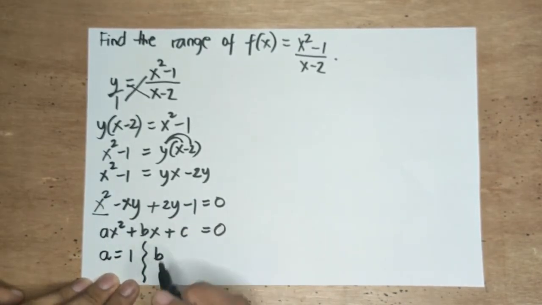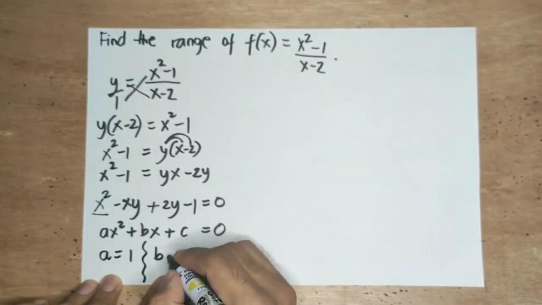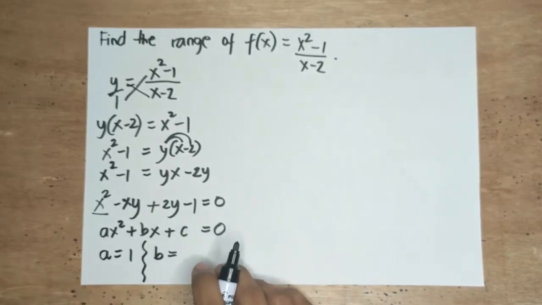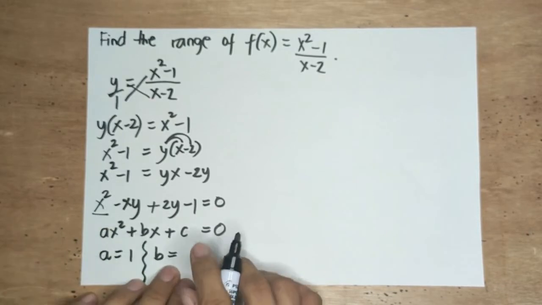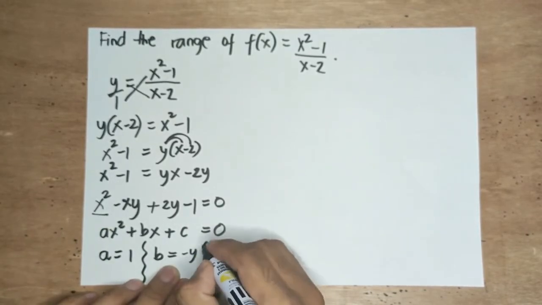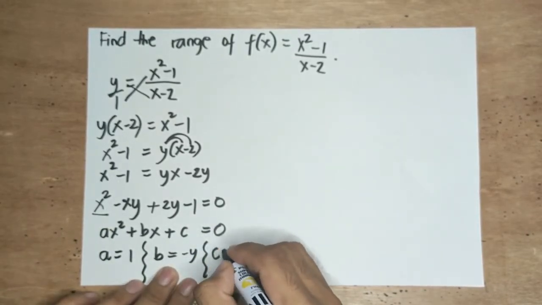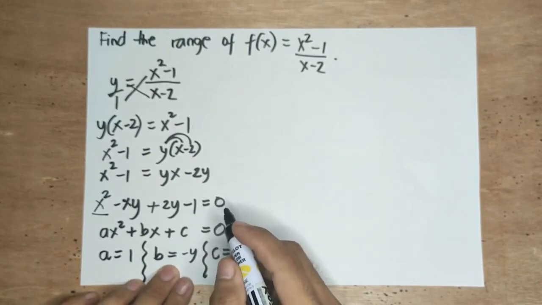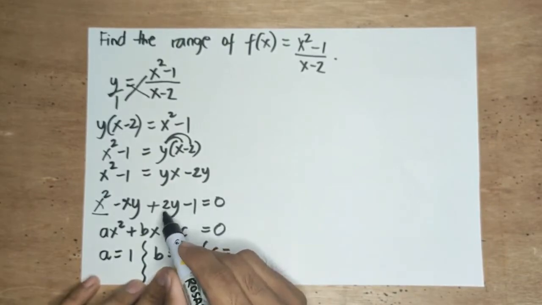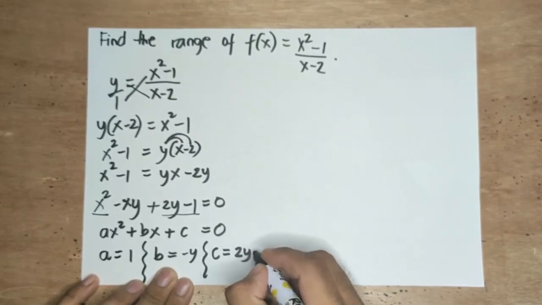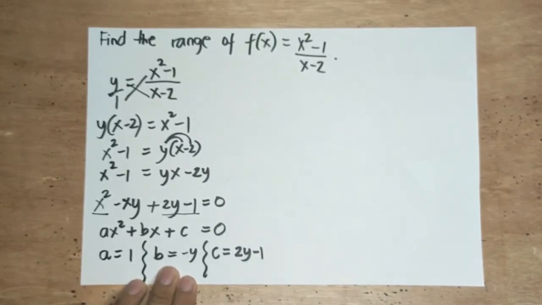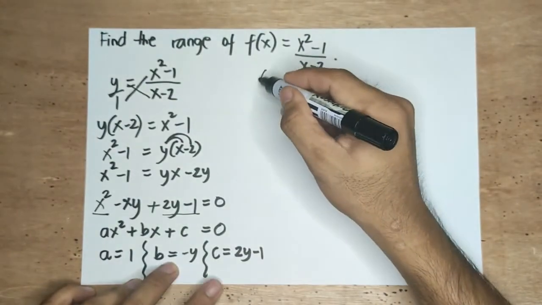How about b? Yung b naman ay yung coefficient ni x. Ano yung coefficient ni x dito? Negative y. So, b is negative y. And then, the value of c here is yung constant terms or yung mga terms na walang x. So, since walang x si 2y minus 1, kukonsider natin silang dalawa, 2y minus 1.